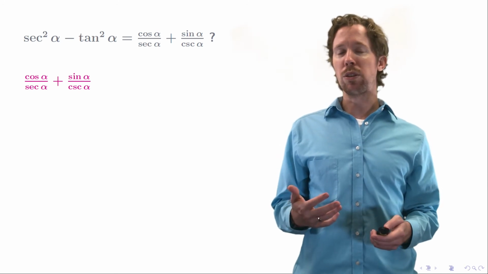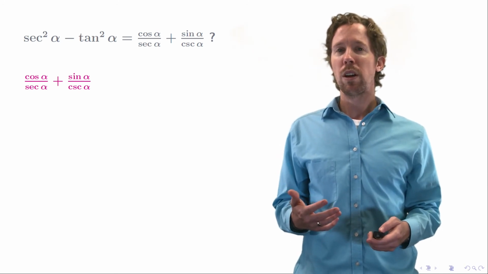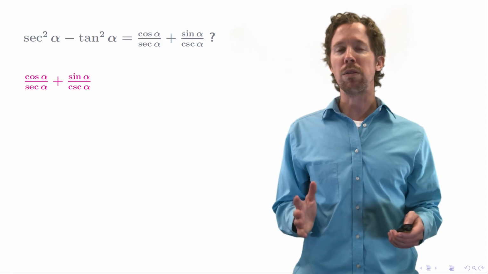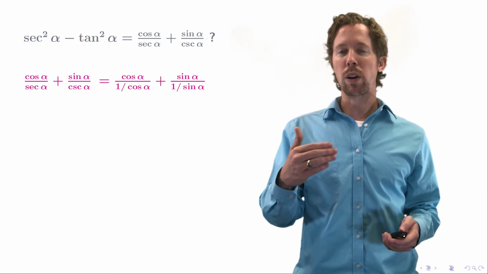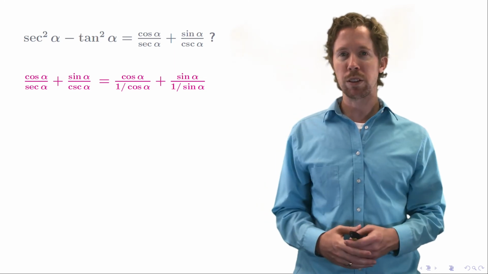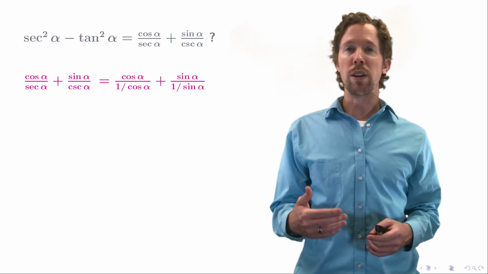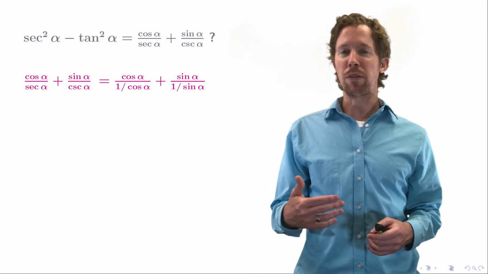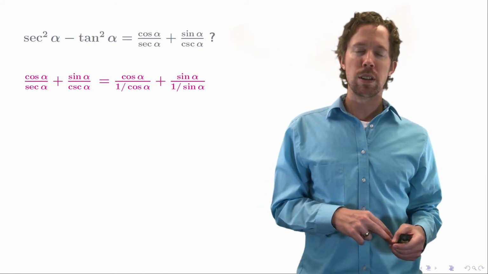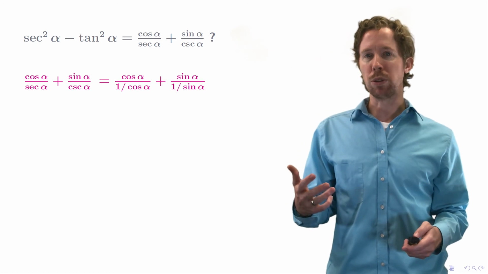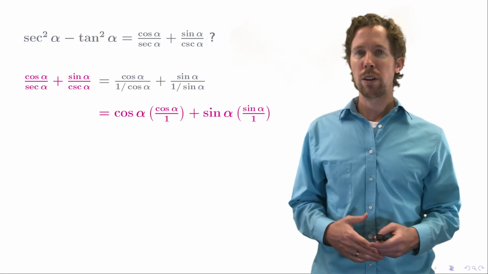The first thing that I'll do is just take the expression and rewrite everything in terms of sine and cosine, just to see if I can quickly make any simplifications. So when I do this, I see that I've got fractions in the denominator. I know that dividing by a fraction is the same as multiplying by its reciprocal, so that's what I'll do.